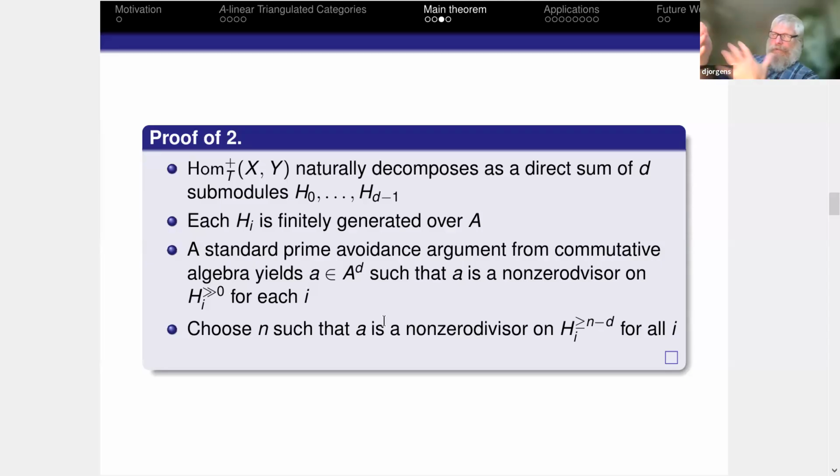Therefore, at some point, you can't have any zeros. Otherwise, it would contradict the fact that a is a non-zero divisor. So again, the hypothesis and conclusion of the theorem hold in this case.